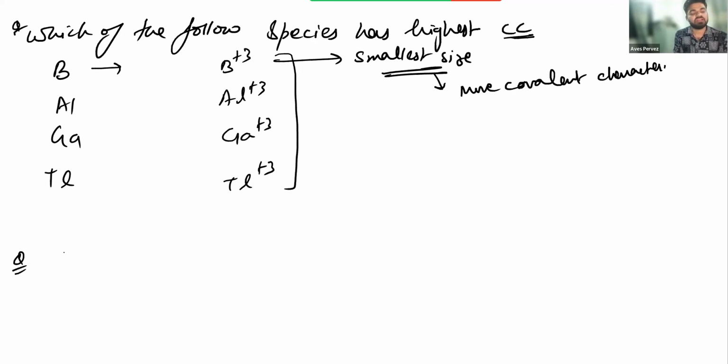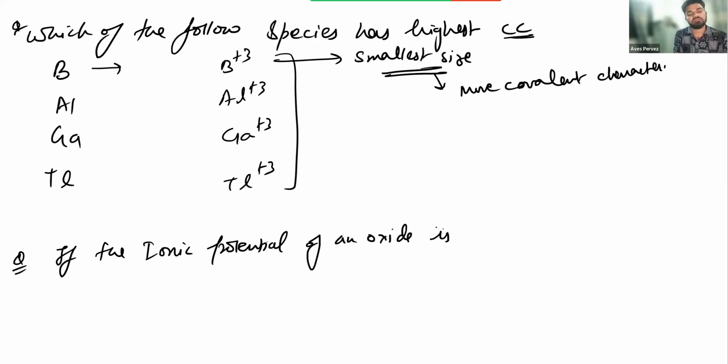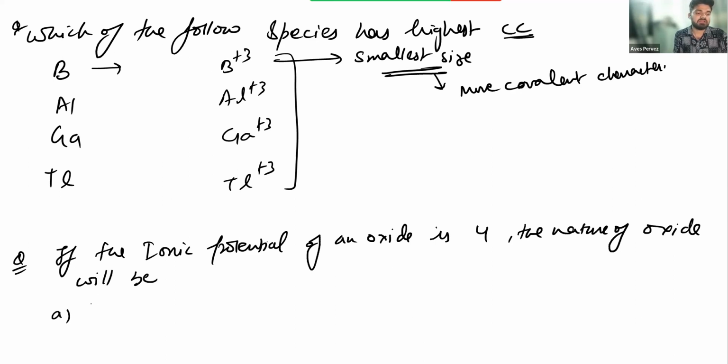If the ionic potential of an oxide is 4, then the nature of the oxide will be: A, acidic; B, basic; C, neutral; D, amphoteric.